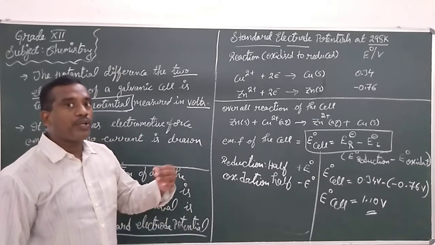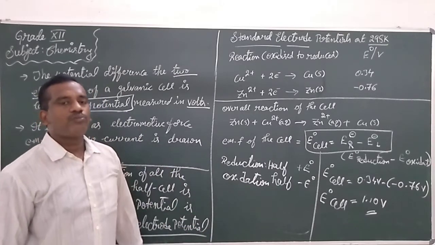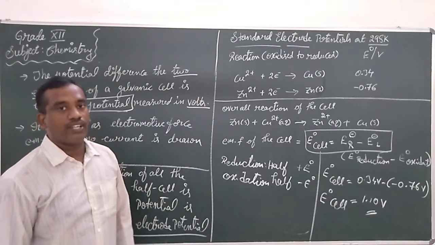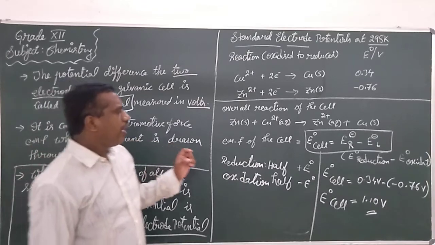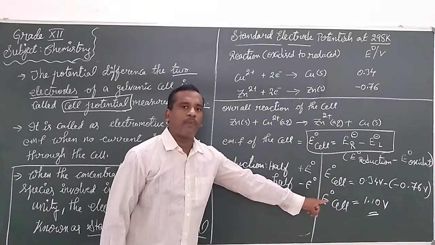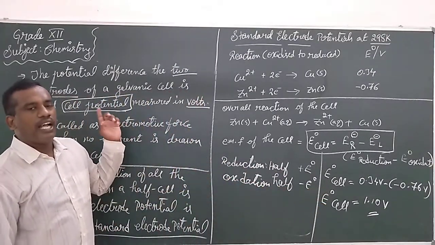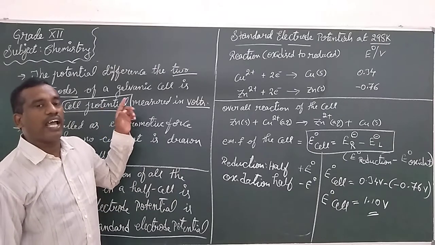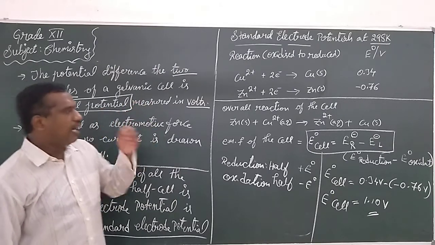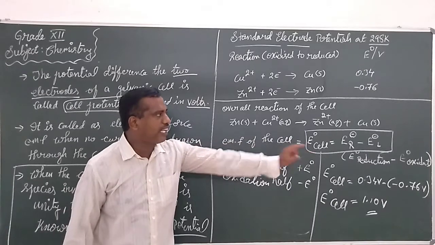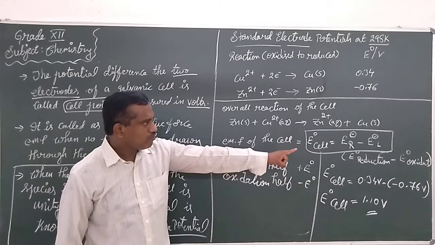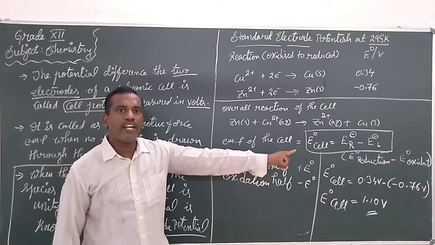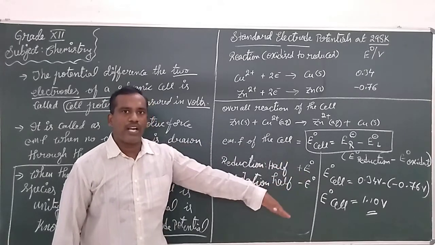Now we are going to apply this to our metallurgy. Remember the key points, children? What is meant by cell potential? It is the difference between the electrode potentials. The oxidation half cell will have a negative electrode potential, whereas the reduction half cell will have a positive electrode potential.